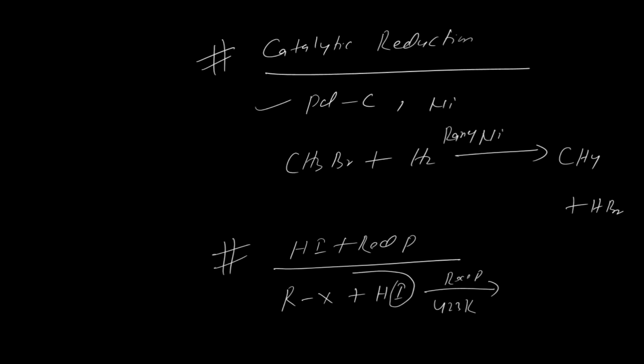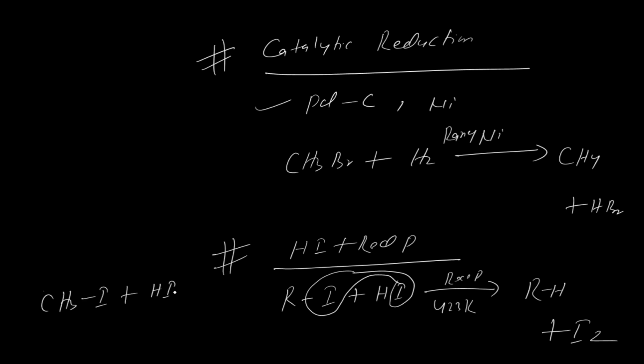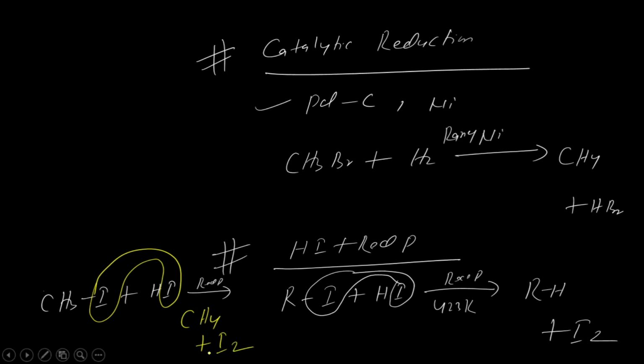You have to take alkyl iodide over here because we are using hydrogen iodide. So it will give you alkane plus I2. I can give you an example, like CH3I plus HI in presence of red phosphorus. What will happen? The iodine is out, and this is CH3 and 1 hydrogen, CH4 plus I2 is removed. Got it? So this is the next method of formation of alkane by reduction.